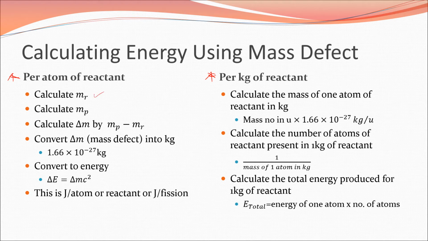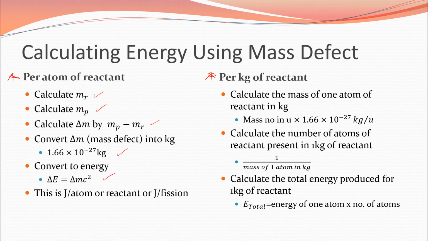Calculate the mass of reactants, the mass of your products, and work out your mass defect, which is delta M. That's usually in atomic mass units. Convert that to kilograms with our conversion factor there, 1.66 times 10 to the negative 27. That is your mass in kilograms to plug into your mass energy equivalence equation, and it will give you your answer at the other end.